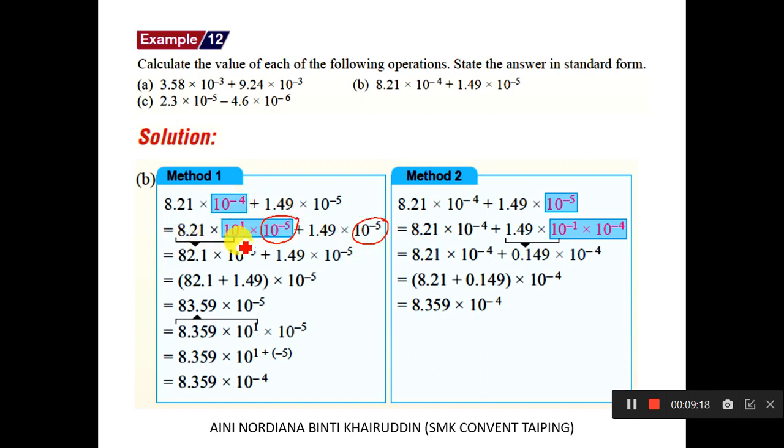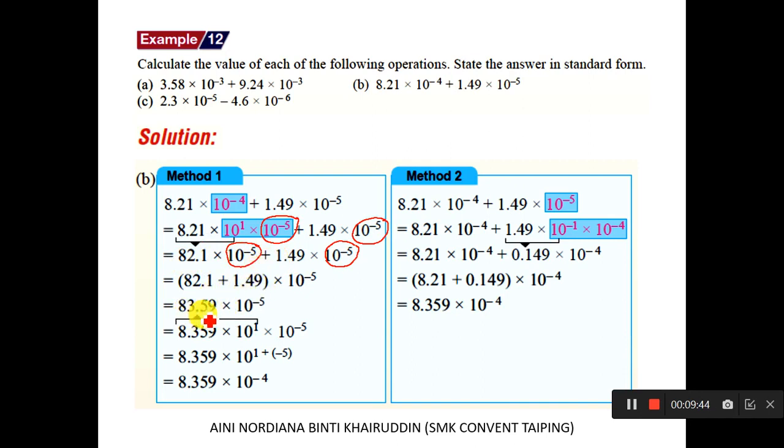Next, we solve this. 8.21 times 10 to the power of 1 equals 92.1 times 10 to the power of negative 5. This number remains unchanged. So next, both numbers have the same value of 10 to the power of negative 5 here. So we just add the two numbers in the bracket.